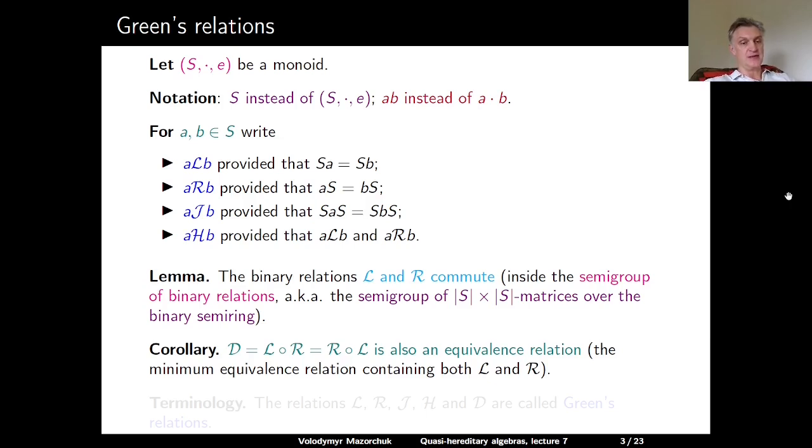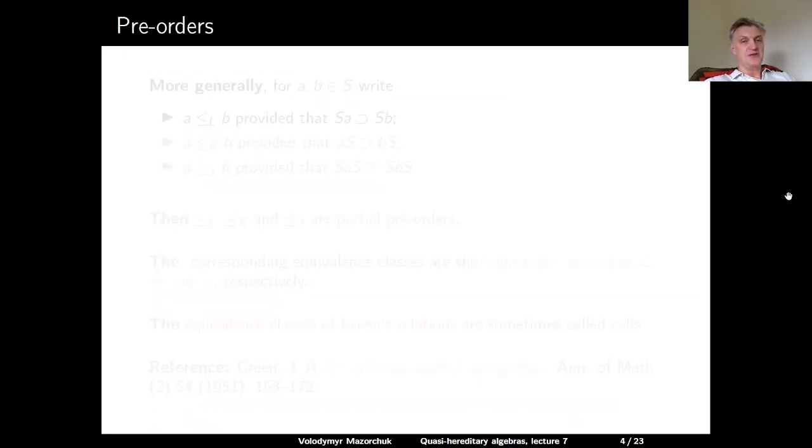We denote it by D, and this is the minimum equivalence relation which contains both L and R. So these binary relations L, R, J, H, and D are all equivalence relations on S, and they are called Green's relations.